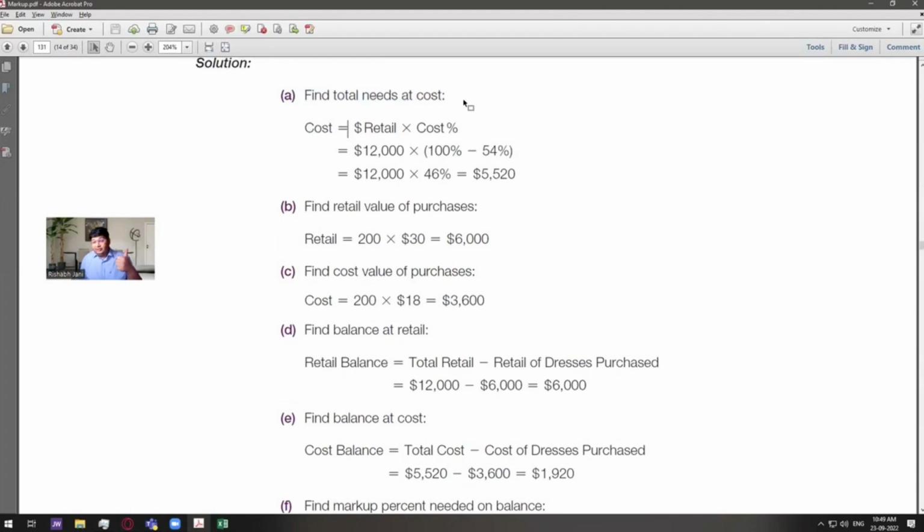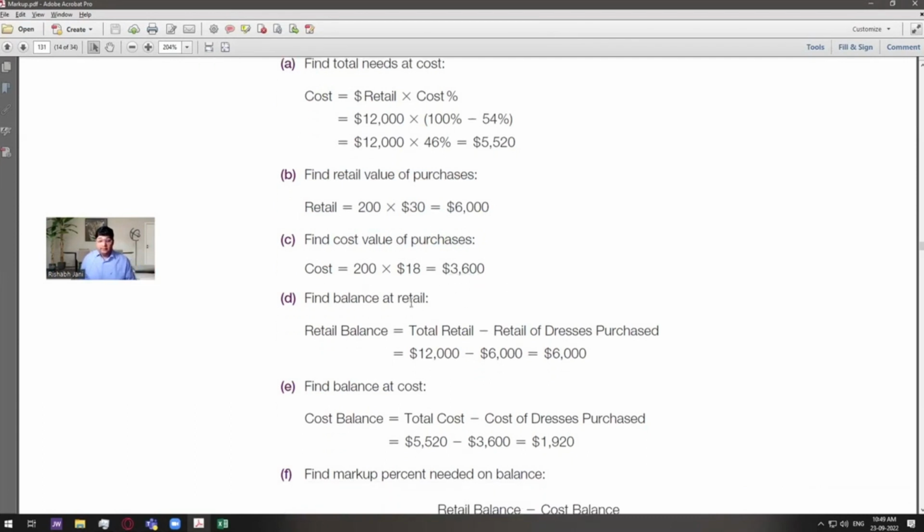So step one, find the total needs at cost, which is 5520. Find the retail value of purchases that were made, 6,000. Find the cost value of purchases that were made, 3,600. Find the balance at retail and cost, which is 6,000 and 1920 respectively.